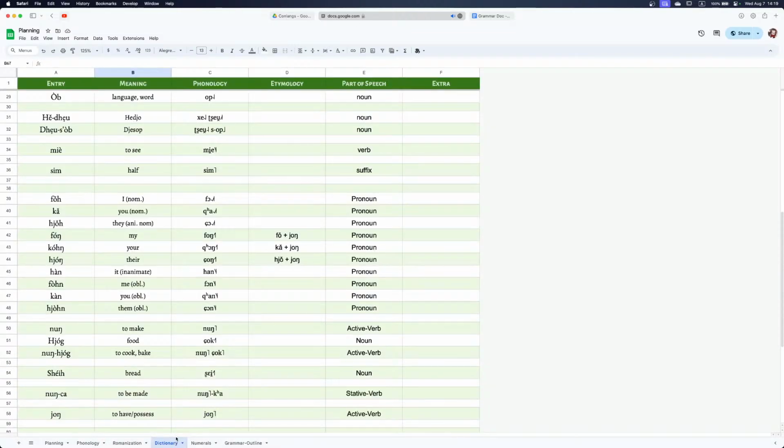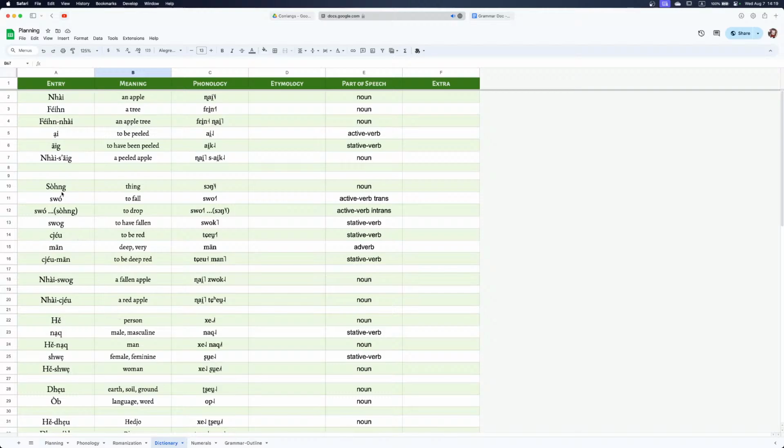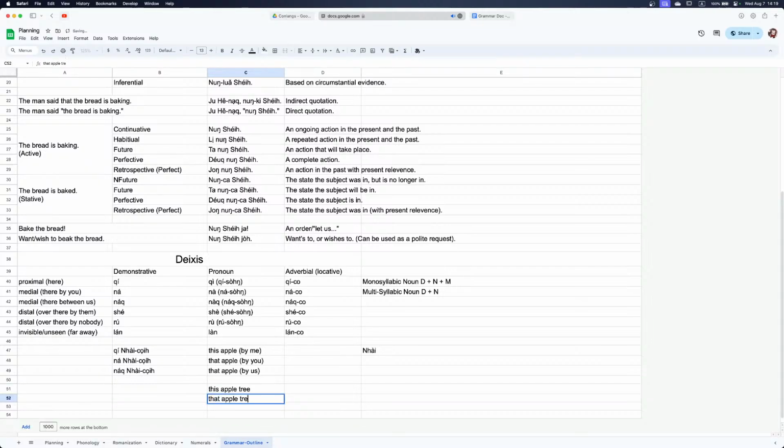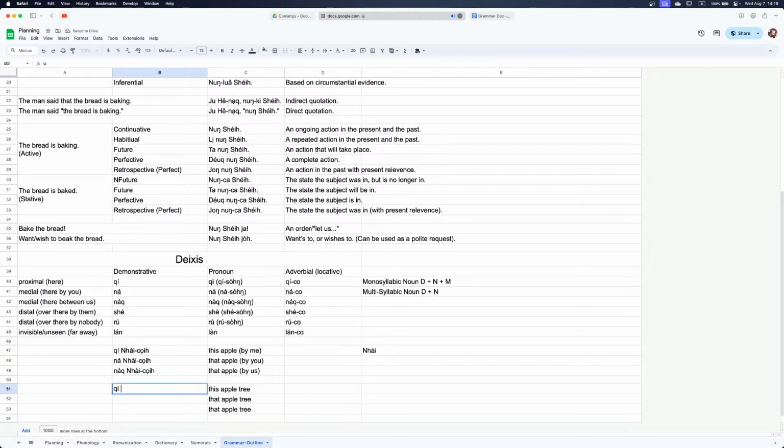And then if we take a multisyllabic noun, which, yes, I do have, apple tree. Venai. Venai. So if it's a multisyllabic noun, so this apple tree, that apple tree, it would be qi venai, with no measure word afterwards, because it is multisyllabic.